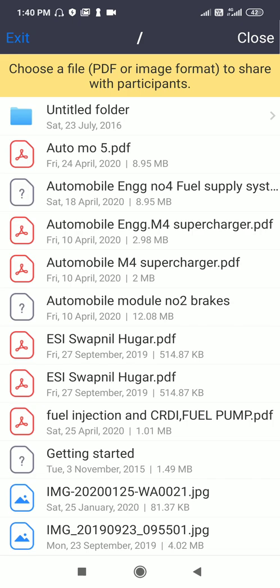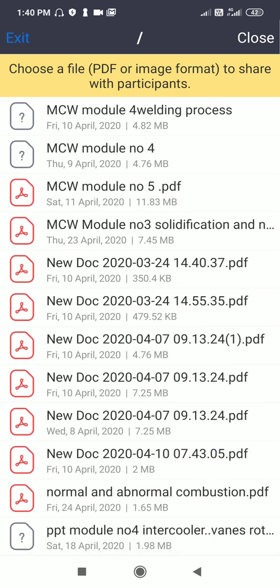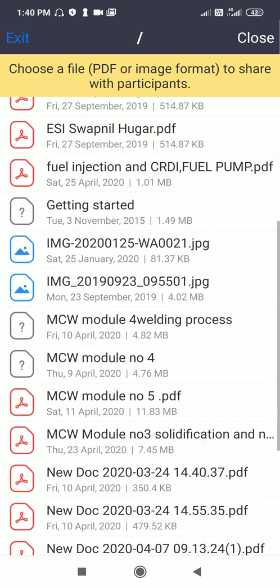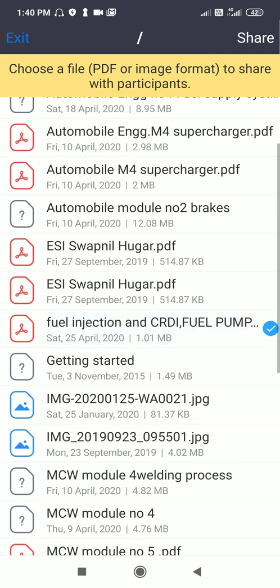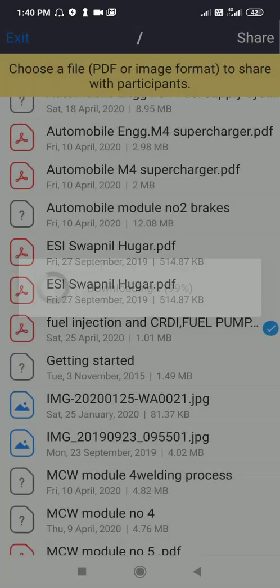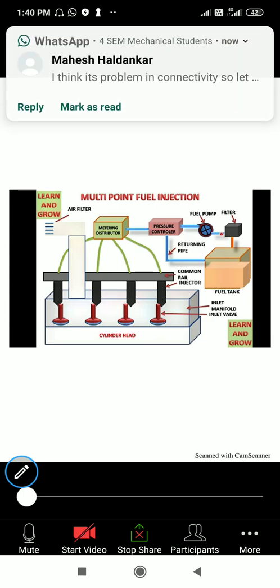Okay, now it has come. Dear students, if you have any problem regarding the diagram, you can tell me, so I will zoom it or minimize it.